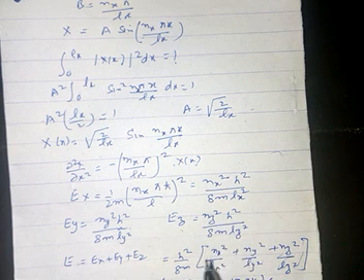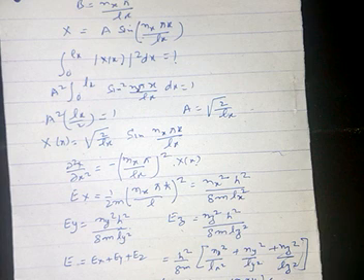So total E will be Ex plus Ey plus Ez. We can say that the allowed values of total energy are given by h²/(8m) times (nx²/Lx² + ny²/Ly² + nz²/Lz²), where nx, ny and nz denote any set of three positive integers.